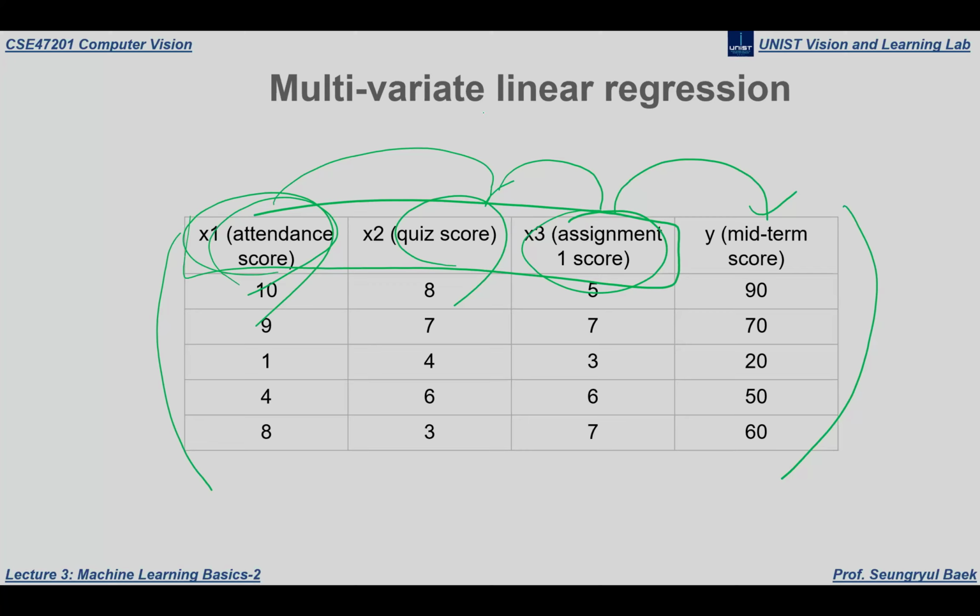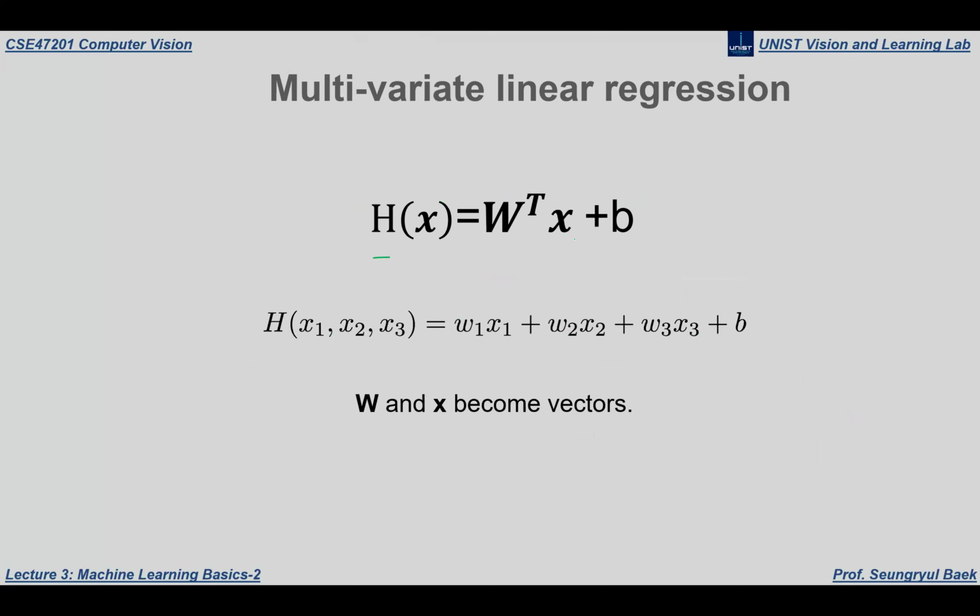We call that multivariate linear regression because you have multiple dimensions for the input x. We can simply extend the variable x to a vector and define w as an array, and your h of x becomes like this.